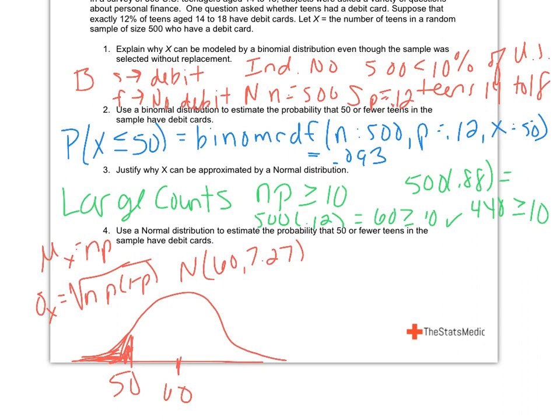If I want to find this, I can calculate my z-score, because we're going to do that all the time out of habit. I'm going to subtract the mean and divide by 7.27, so my z-score here is negative 1.38. Then you would need to show your work for how you're doing this on your calculator, or state that you're using Table A to find the area.